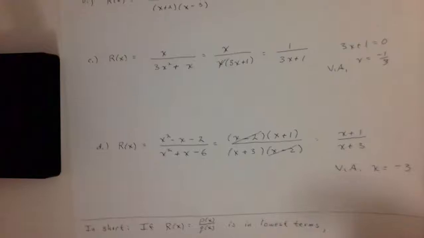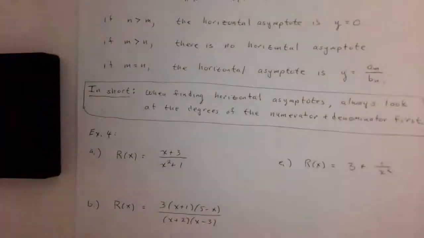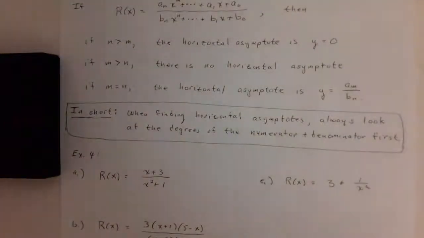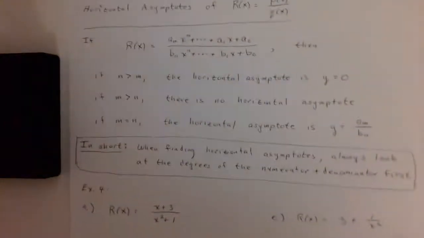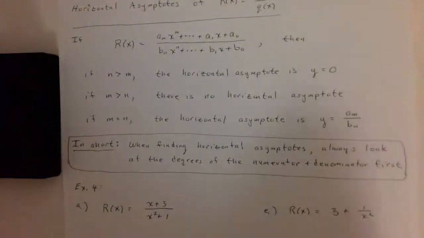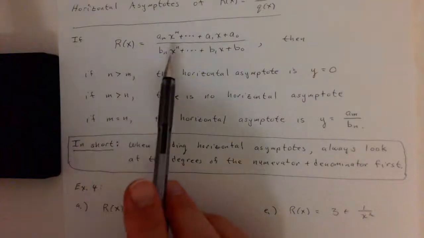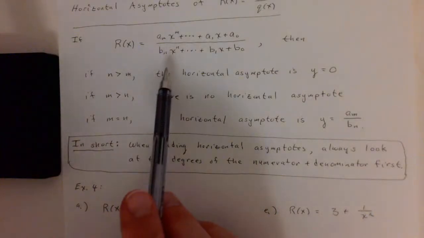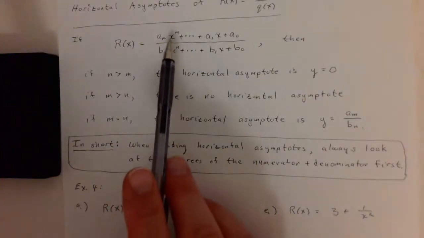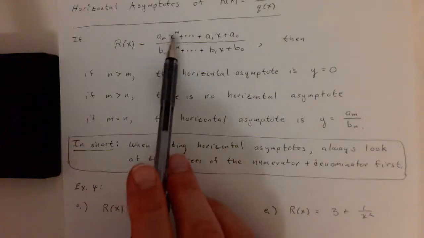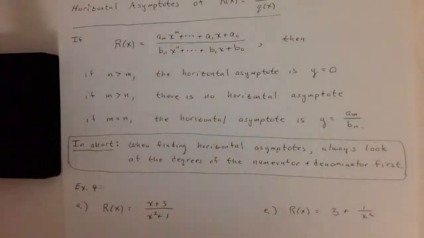Now, to find the horizontal asymptotes, it's also a pretty straightforward process. The idea here is every rational function can be put in this form, and we know that in each polynomial the leading terms determine the end behavior.